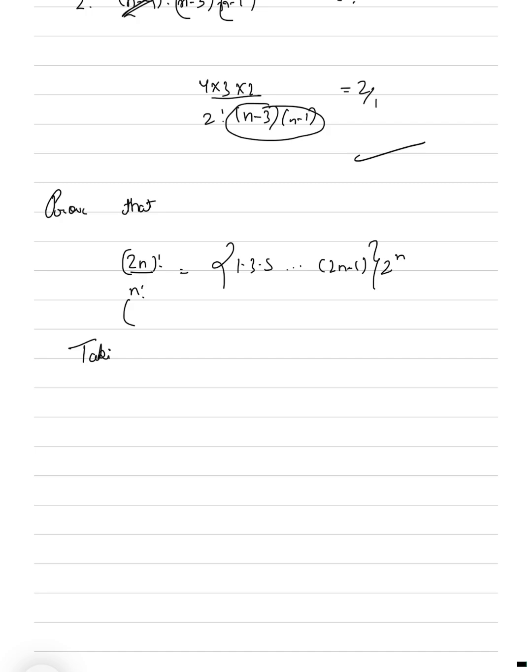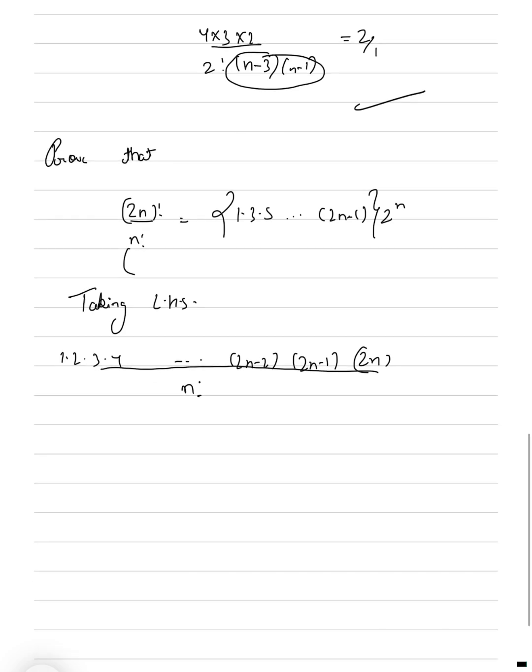So taking LHS, taking this side, we can open this: 2n, 2n minus 1, 2n minus 2, and the process goes on till 3, 2, 1. Okay, and upon that you have factorial n. So I can basically do what here?